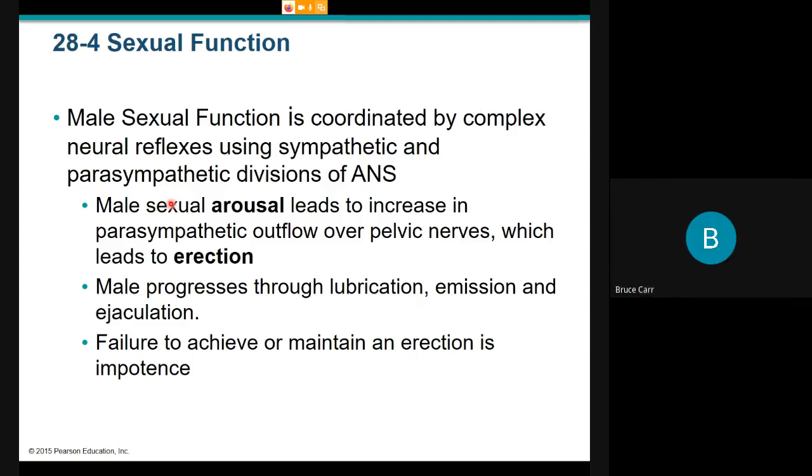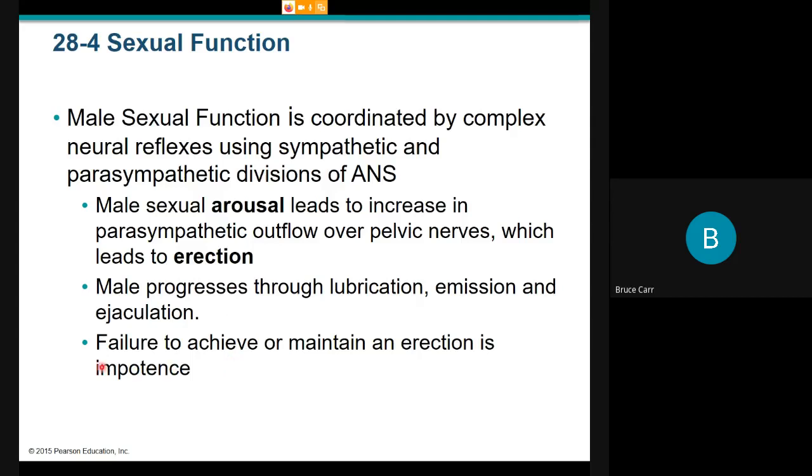The male goes through arousal, mate identification, mate selection, and parasympathetic stimulation over the pelvic nerves are what lead to erection. A male progresses through stages of lubrication, emission, and ejaculation.